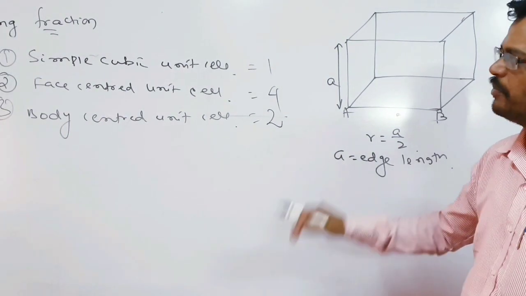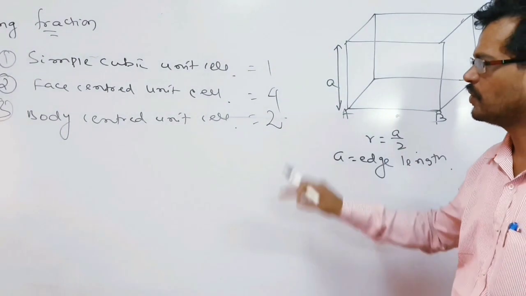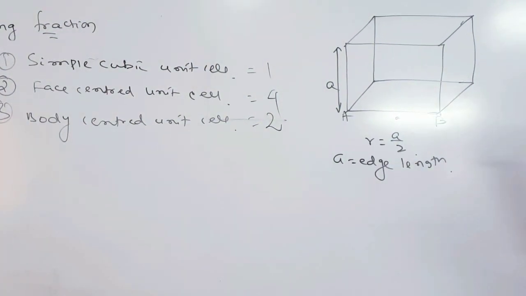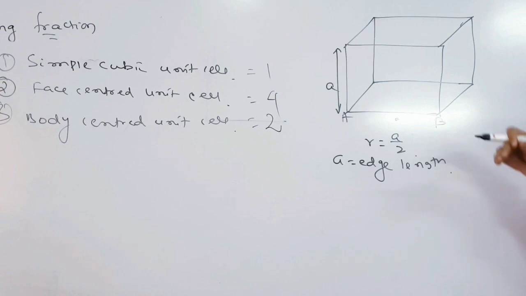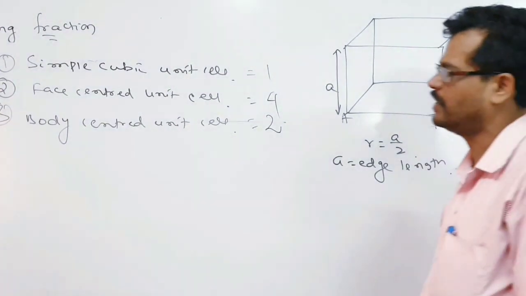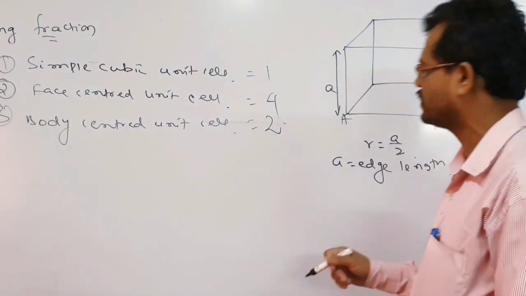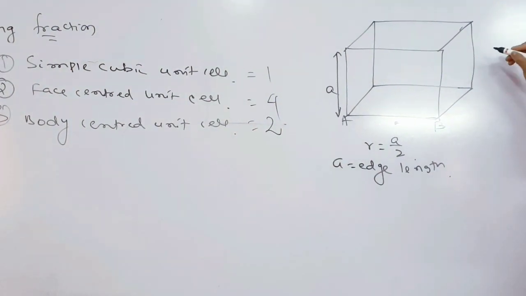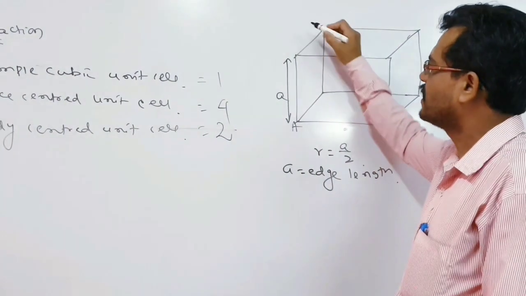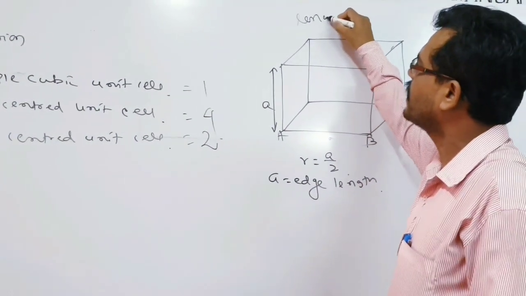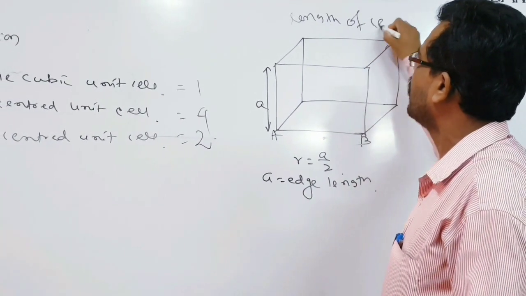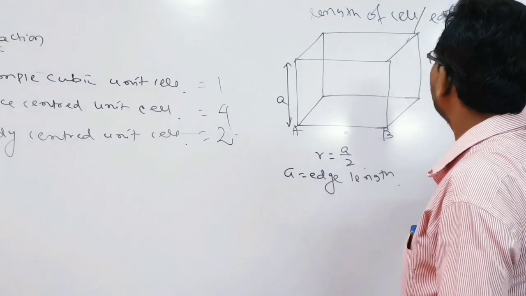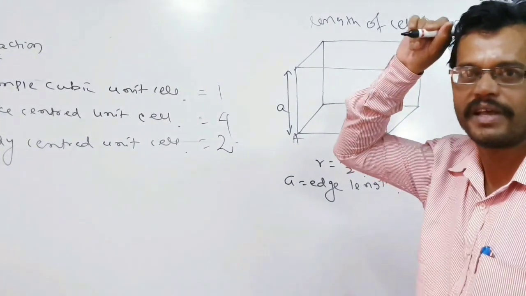Now we come to the packing efficiency of these three unit cells. Before finding it, we need to know some other things. The important thing is the length of the cell, also called the edge length, which is represented by a.